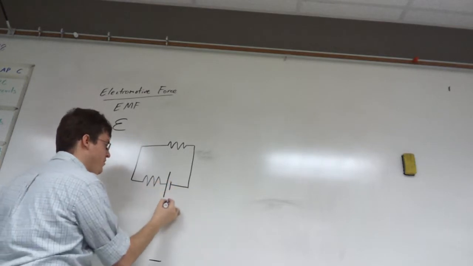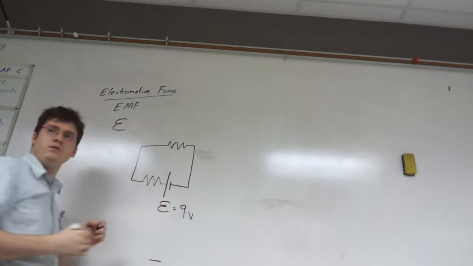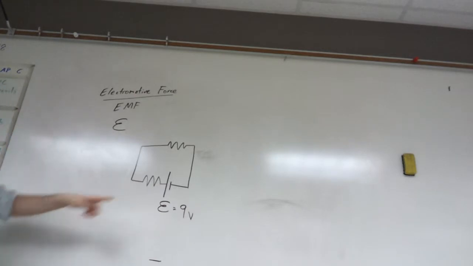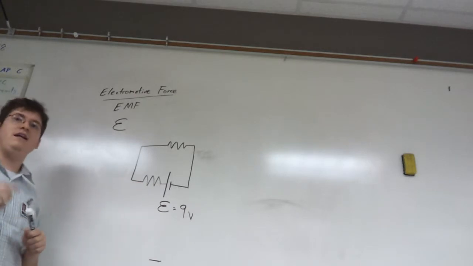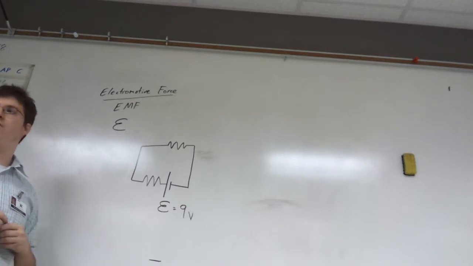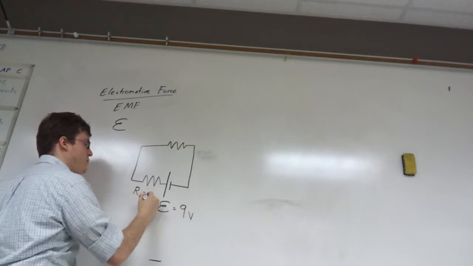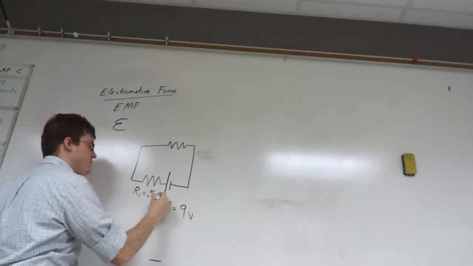Let's use a 9 volt battery, so electromotive force equals 9 volts. Here is the internal resistance. Internal resistance is usually very, very low, maybe half an ohm. R internal is 0.5 ohms.